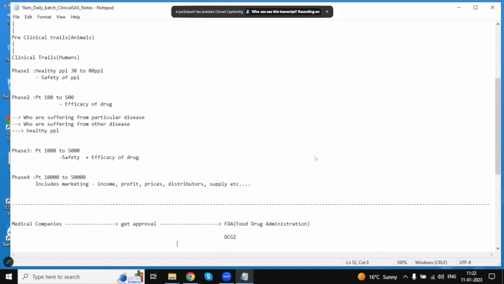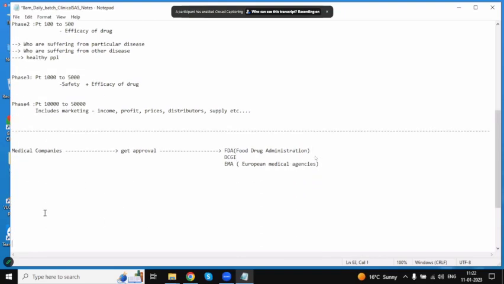But if you take a European country, they have EMA, European Medical Agencies. So basically you have to get an approval from the higher authorities to release the drug into the market.